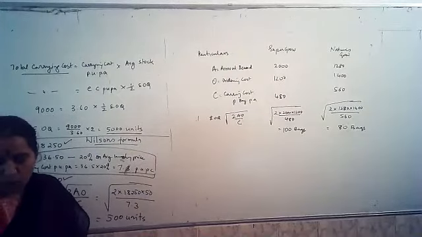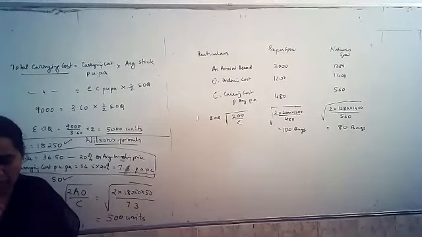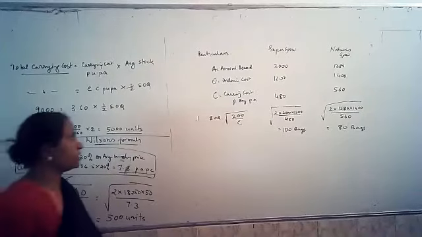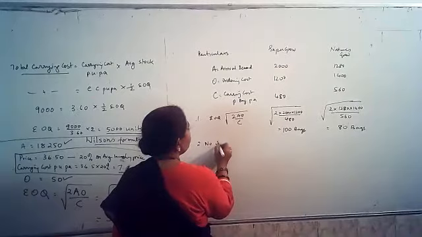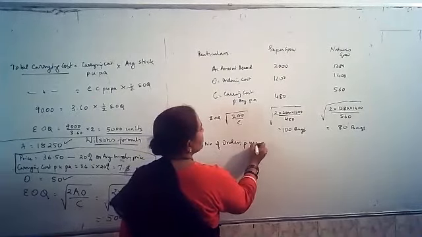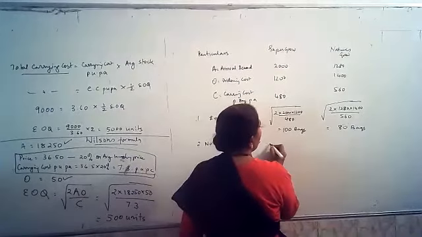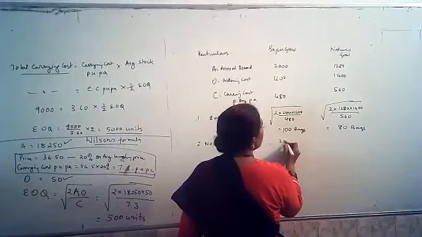For the EOQ, what is the sum of total annual relevant ordering cost and total annual carrying cost for Super Grow and Nature's Grow? They are asking for both of them, what is the total ordering cost. So for that, let me calculate the second one, number of orders per year. How do I calculate? Total requirement is 2000.